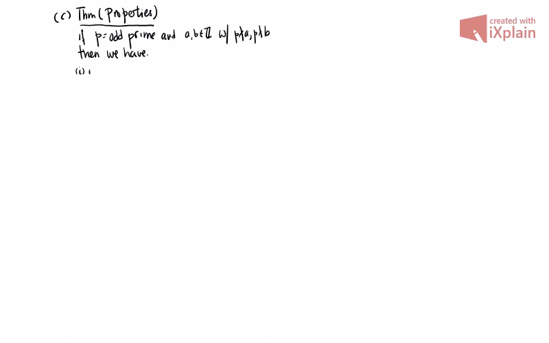So 1: if a is congruent to b mod p, I'll prove all these, but I'll make some comments as we go, then (a over p) equals (b over p).